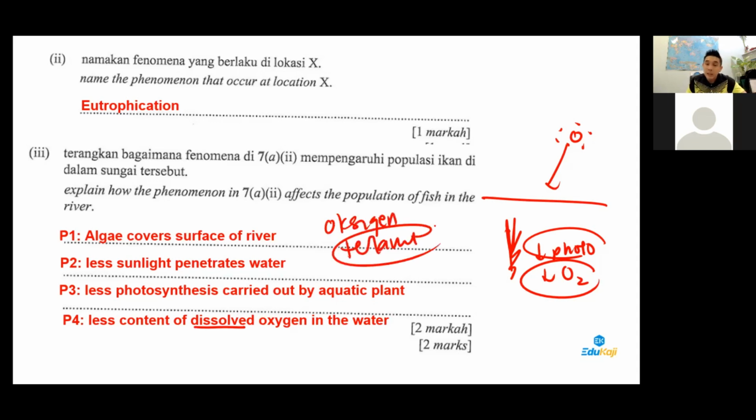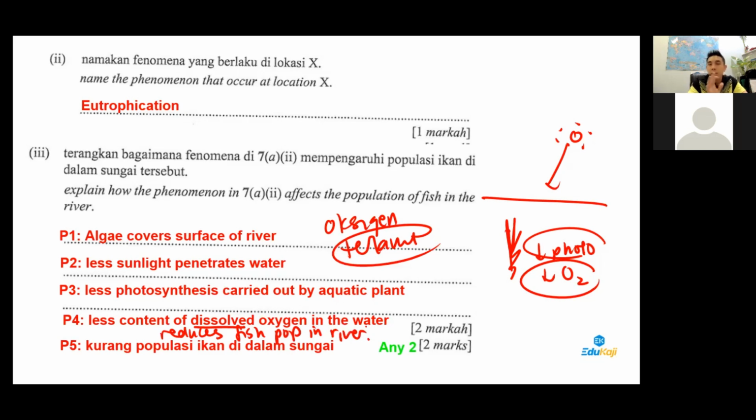Dissolve means in water. So this reduces the fish population in the river. Guys, actually any two lah.